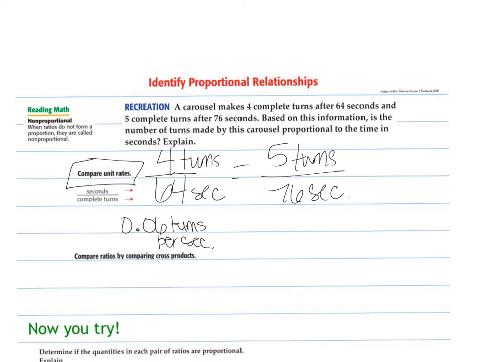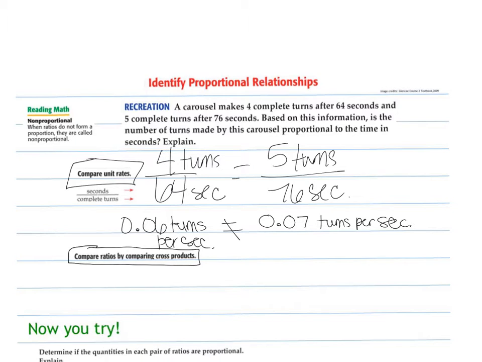Then I'm going to do 5 divided by 76, and I get 0.065, which is going to make me round up to 0.07 turns per second. Let me just double check my 4 divided by 64. So we can tell that they are actually not equivalent, even though it's really small numbers, they are not proportional.